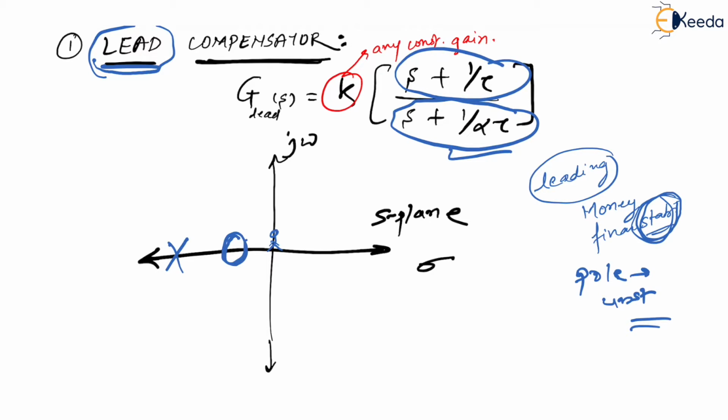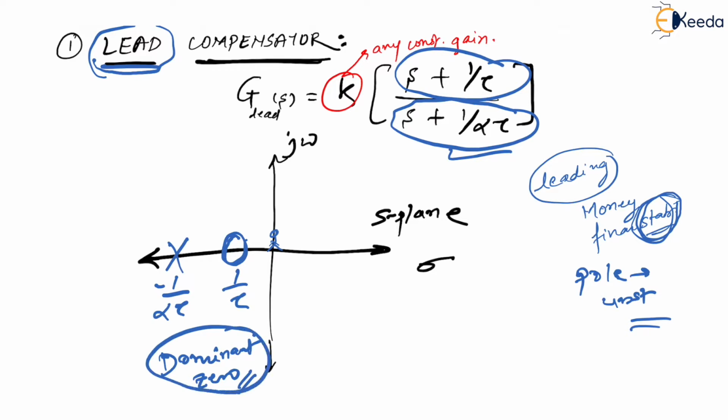This pole is 1 by alpha tau, so it becomes minus 1 by alpha tau. Similarly, the zero is going to be minus 1 by tau. Now, what is dominant here? Whatever is closer to the j omega axis we call dominant. So here we have a dominant zero.